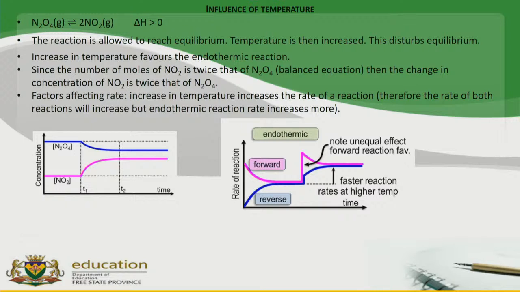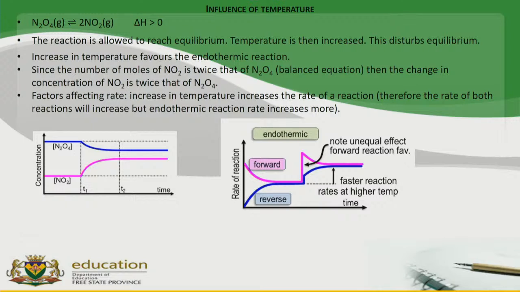Now, when an endothermic reaction is favored, the concentration of NO2 will increase and the concentration of N2O4 will decrease. Remember, N2O4 is the reactant for the forward reaction. If its concentration decreases, what will happen to the rate? The rate of the forward reaction will now decrease, and NO2 is the reactant for the reverse reaction.